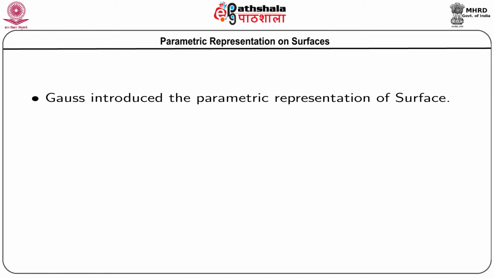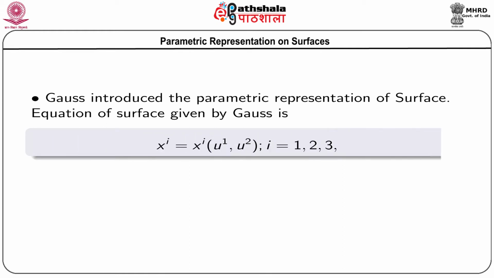Thus, German mathematician Gauss introduced the parametric representation of surface. So, the equation of surface given by Gauss is x_i equal to x_i(u1, u2), i equals 1, 2, 3. That means, u1 and u2 are the 2 independent variables by which the equation of surface is represented.